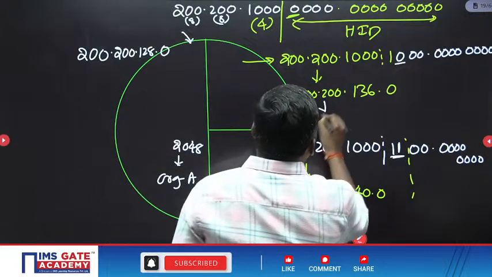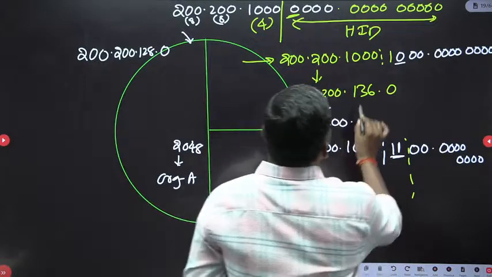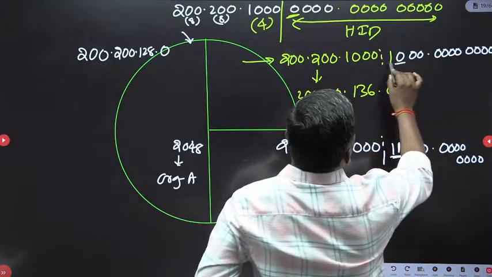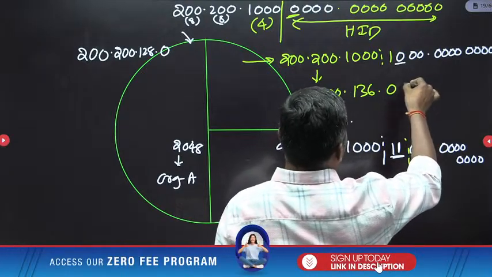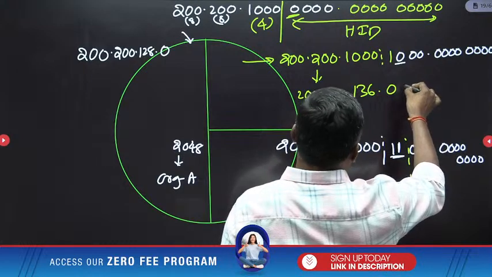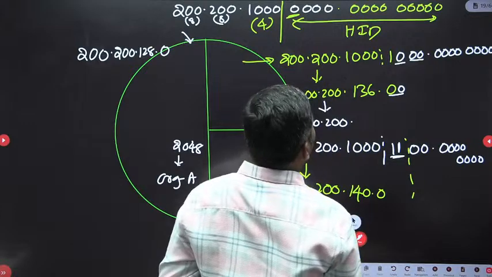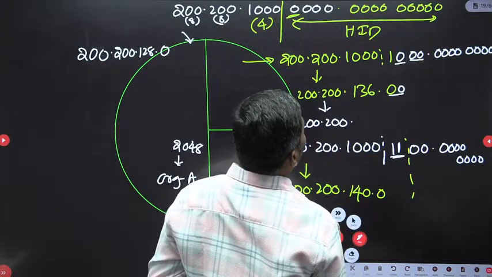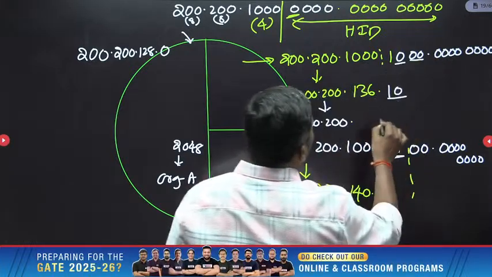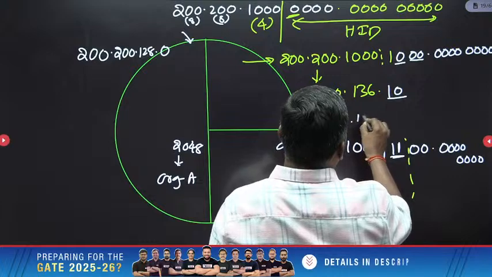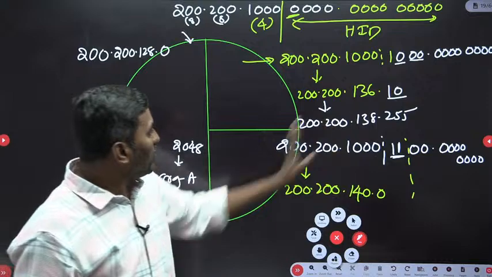What is the last IP address? Can you tell me? 200 dot, so this 128 plus this can be full, right? We cannot touch this also, right? This 10 is reserved only. This value is 10 reserved. So 136 plus 2, 138 dot 255, correct? 138 dot 255, this is possible.